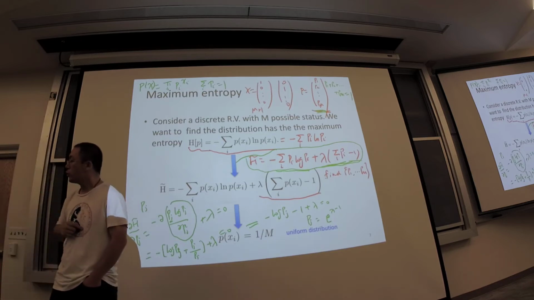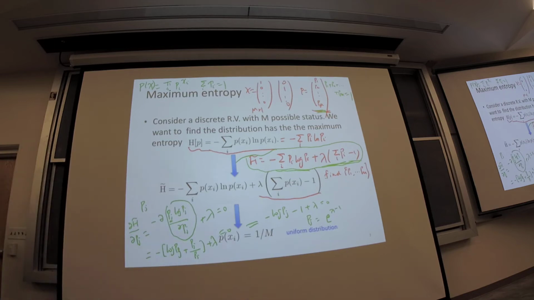This is just an example to show. Let me finish the example. So from solving the partial derivative equal to 0, we get that Pj, the jth element in this parameter vector, the probability vector, must be exponential of lambda minus 1. So what can we conclude from this?